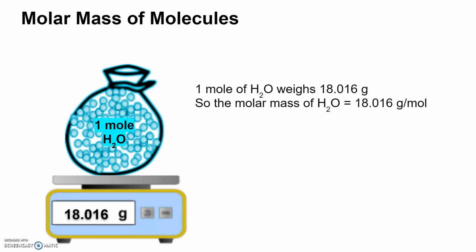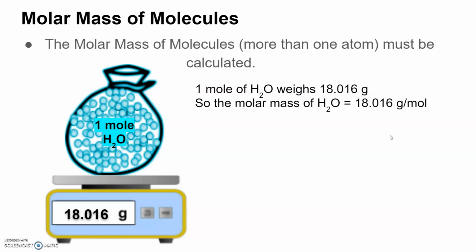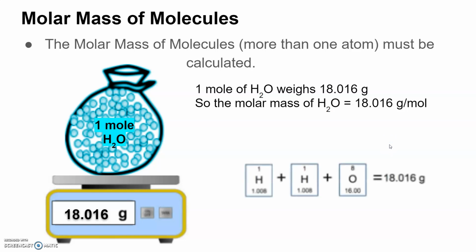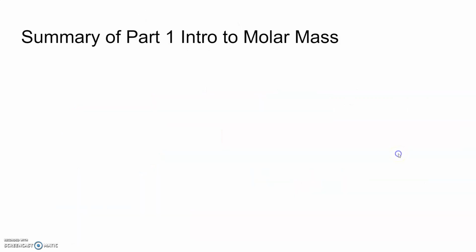You don't see an H2O block on the periodic table. Well, in that case, you have to calculate it. You would calculate it by adding up the average atomic masses of all the elements in the molecule. So in the case of water, it has 2 hydrogens, so you would add up those average atomic masses, and it has 1 oxygen, so you would add that as well. And that's how you get to the 18.016 grams.